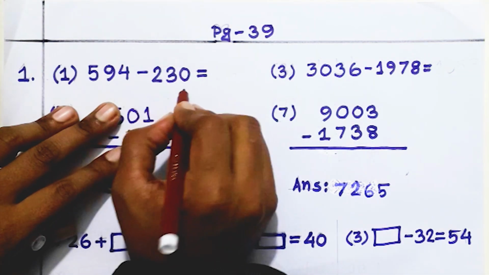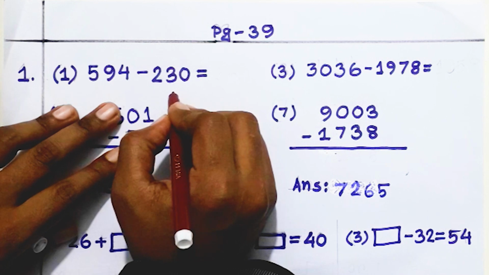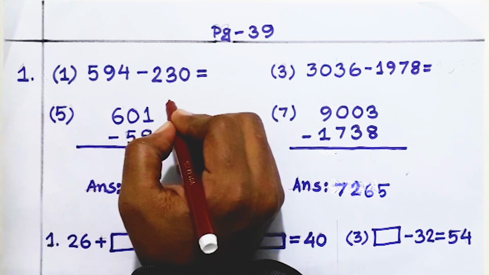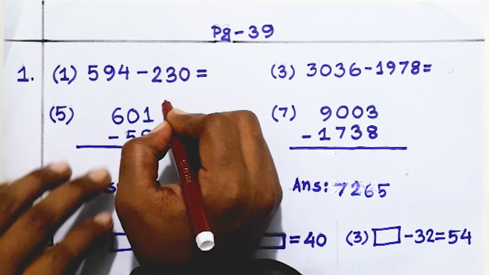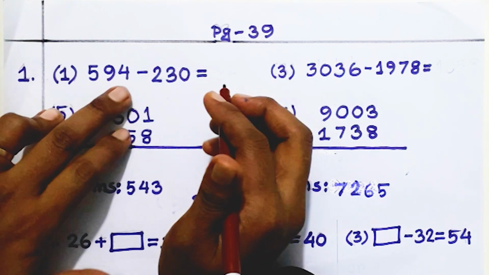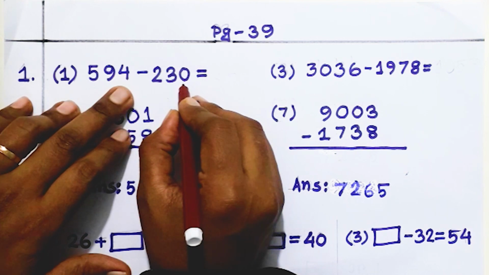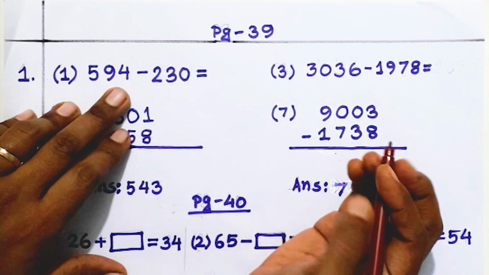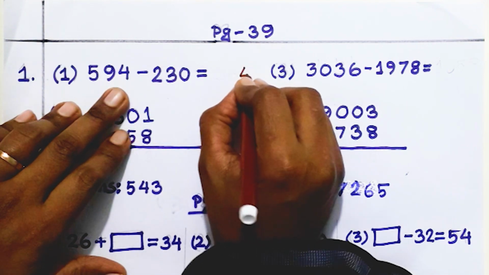Here is 4 and here is 0. So 4 minus 0 is equal to 4, you will write 4.